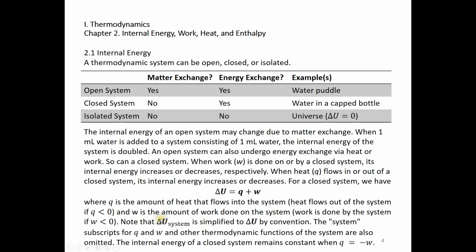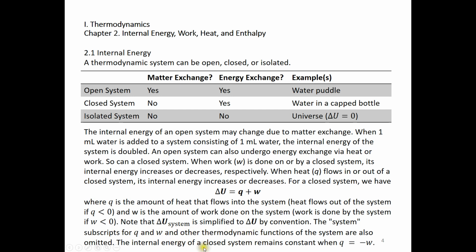Sometimes we write delta U subsystem for the internal energy change of the system, but it's not very convenient. So we simplify this notation to delta U without any subscript. If there's no subscript, usually we say this is about the system. It's just convention. The system subscripts for Q and W can also be omitted for the system, as well as many other thermodynamic functions.